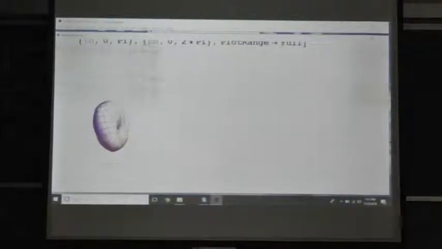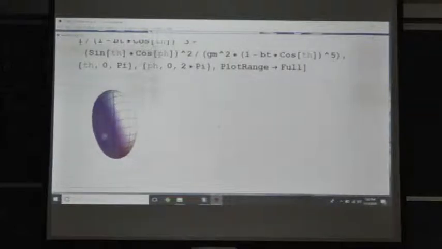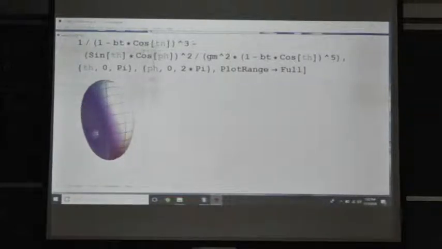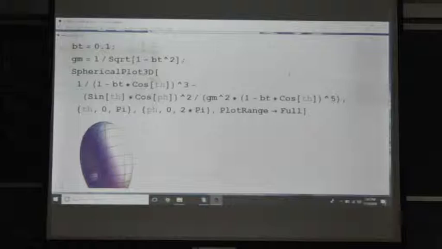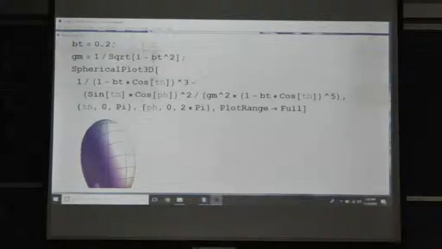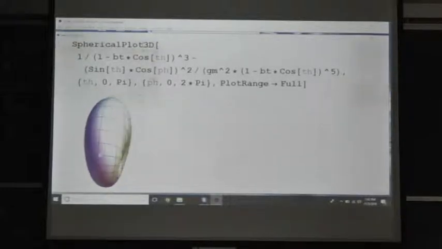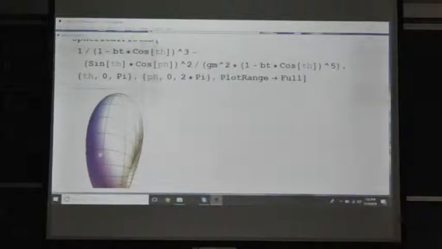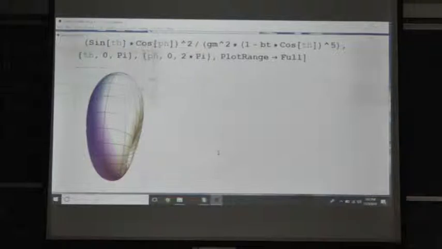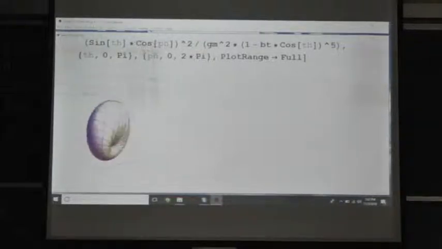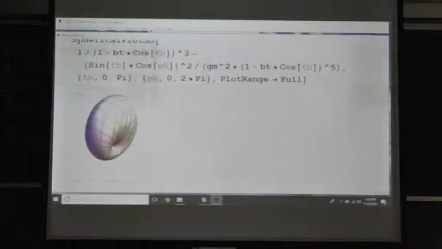So when we take the low speed limit of these formulas, they're actually valid for a huge range of speeds. So even for 0.2, it doesn't come like beta 0. At beta 0 it was symmetric. But now as you see the beta is increasing, in the direction of the speed, the balloon is getting a little bit bigger.